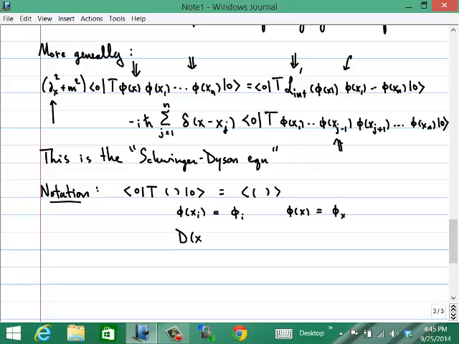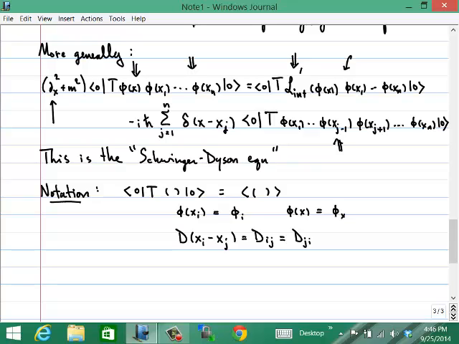And finally, instead of writing this Feynman propagator, D of x_i minus x_j, I'll just write this D of ij. And one of the things that you should note is that this is symmetric when you interchange i and j.